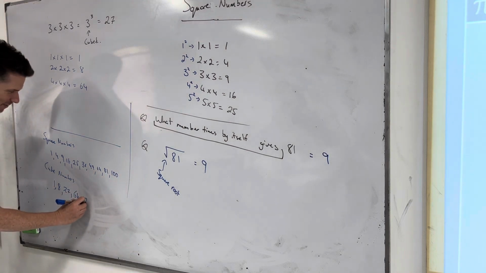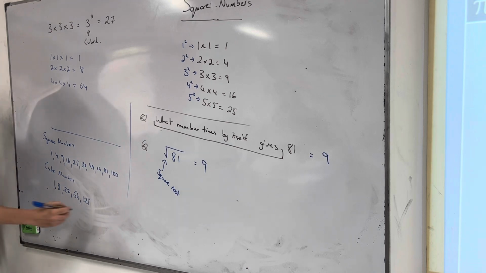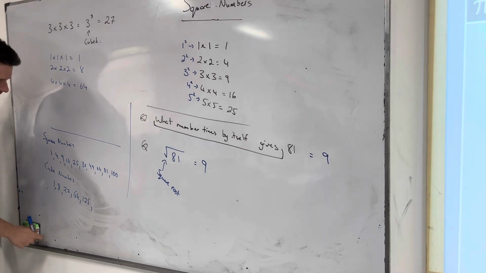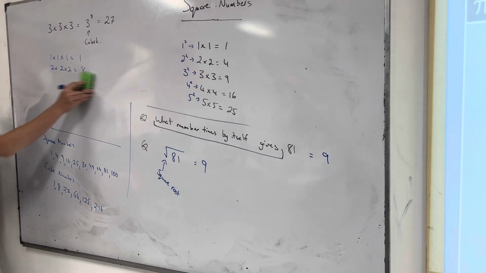Yes, 125. Very good. Next one, anybody? 6 times 6. Yeah, I know. What is it? 36. No, it's 200 and something. 276. Nah. 216. All right, very good.